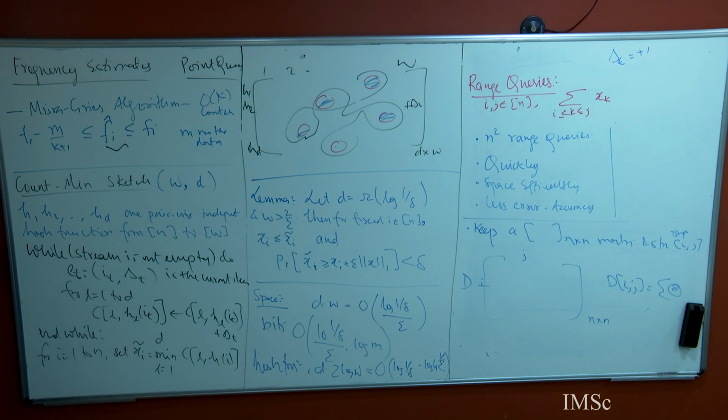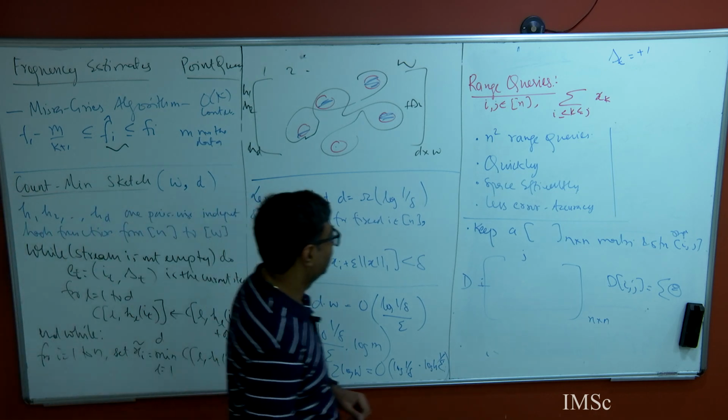Something like a tree structure where we maintain some log space, 2 raised to I, a bit tree also. Lots of heuristics. Okay.